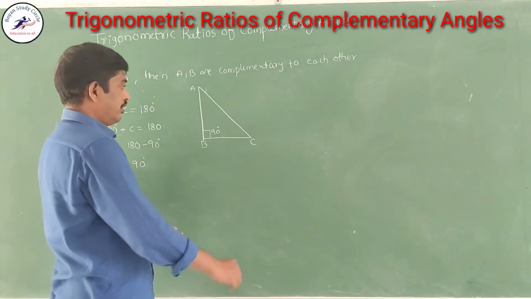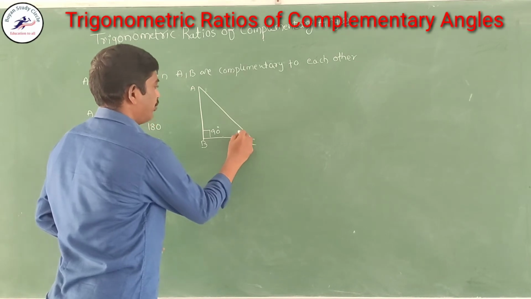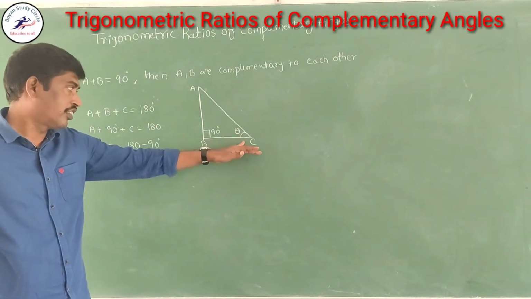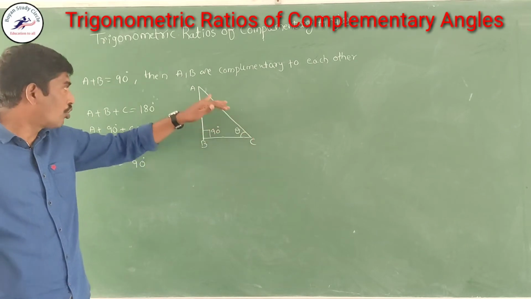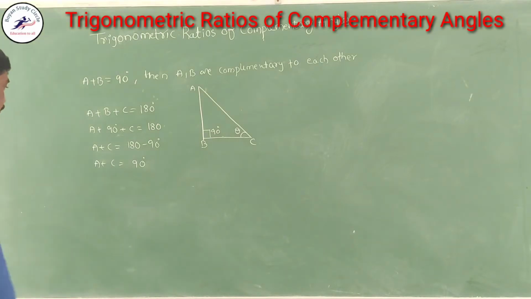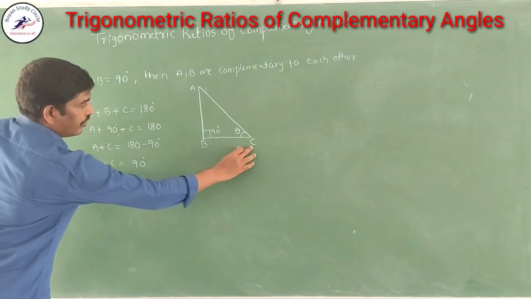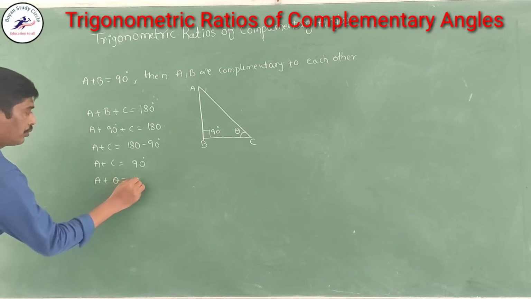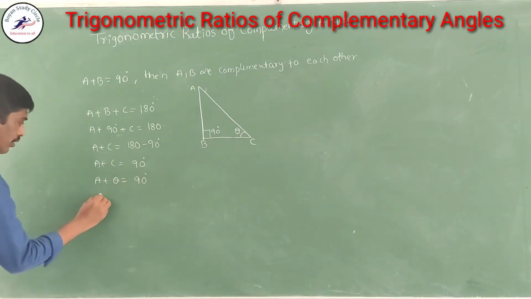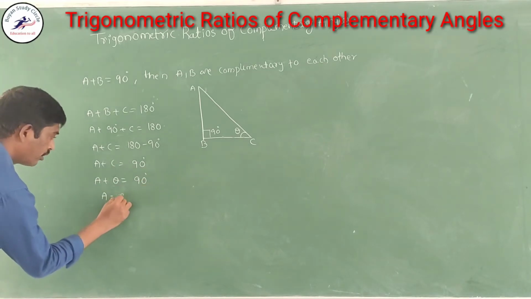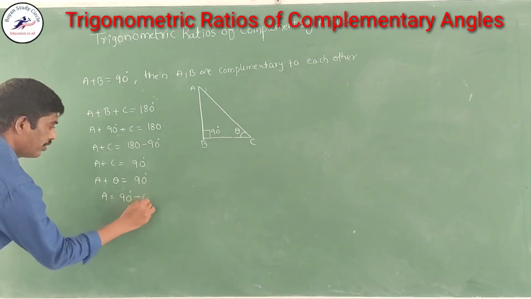Suppose we take angle C as some theta. If angle C is theta, what is the angle A? Let us see. If C is theta, A plus theta equals 90 degrees, A equals, this theta goes to the other side, that becomes minus, 90 degrees minus theta.